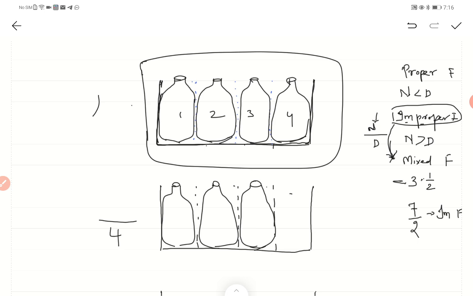But only 3 bottles are being placed, 1 2 and 3. So it is represented in the form of a fraction as 3 by 4. This fraction 3 by 4 is a proper fraction, isn't it?